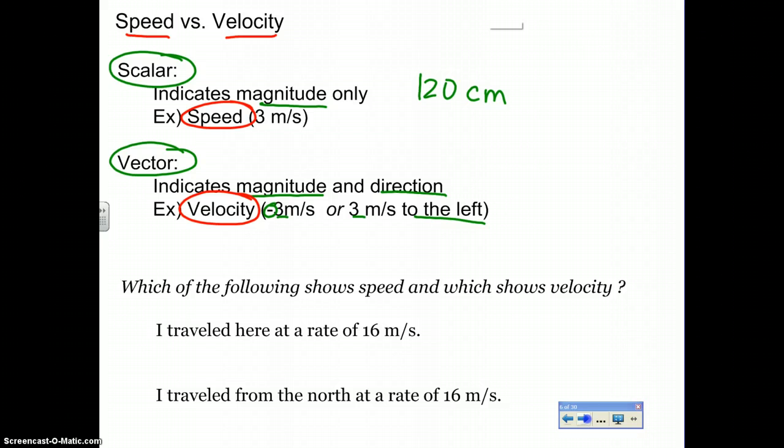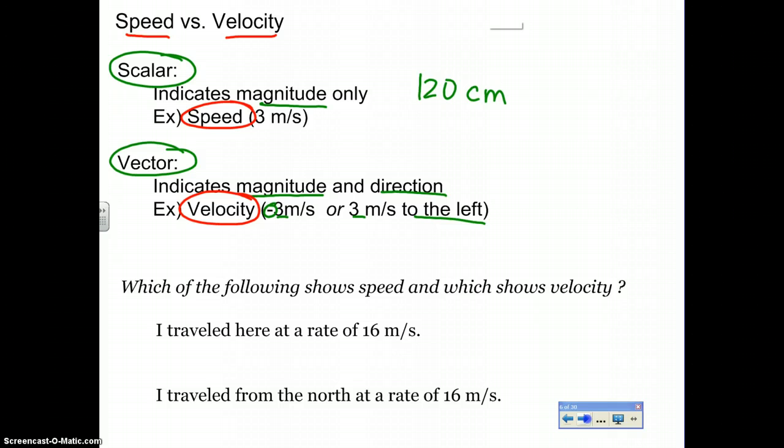So if you're traveling on Interstate 77 at 55 miles an hour and you're heading north, that's a velocity. If you're traveling on Interstate 77 at 55 miles an hour and you're heading south, that's also a velocity. But if you're just traveling at 55 miles an hour and no indication is made of the direction, you've given me a speed, a scalar quantity including only magnitude, not a velocity.